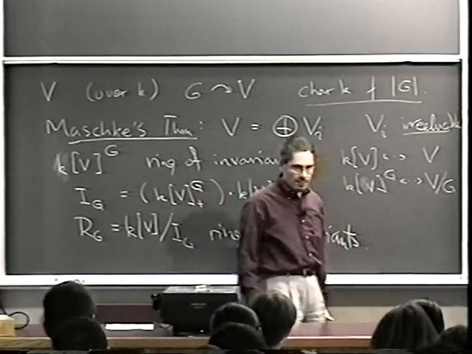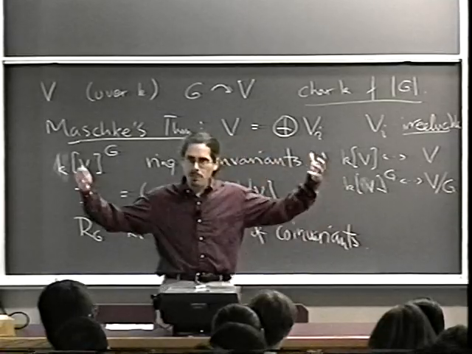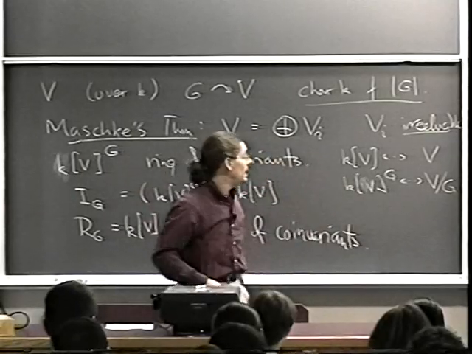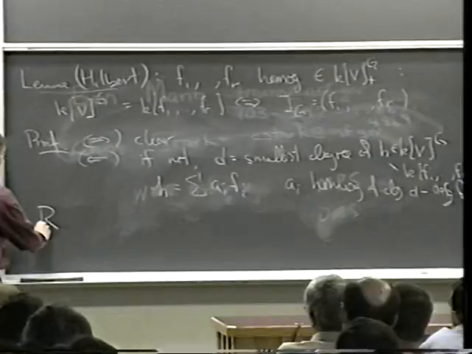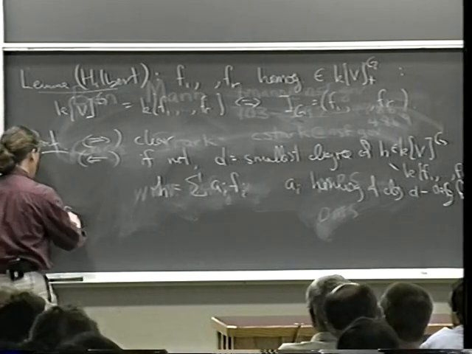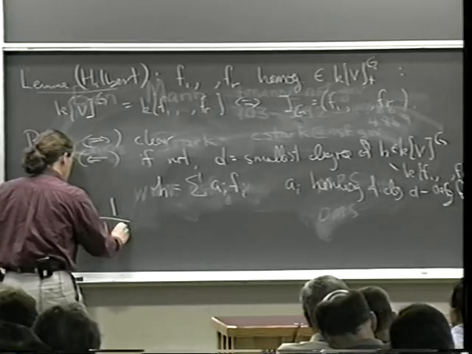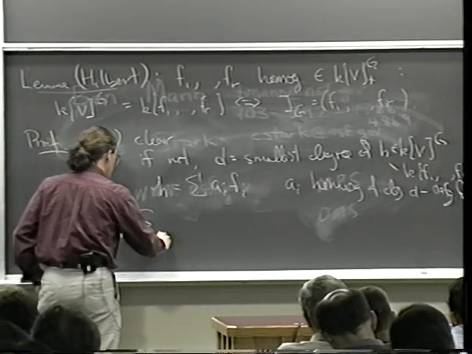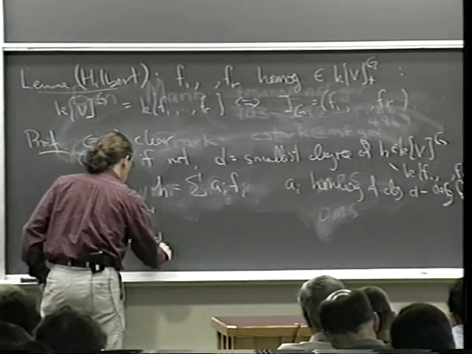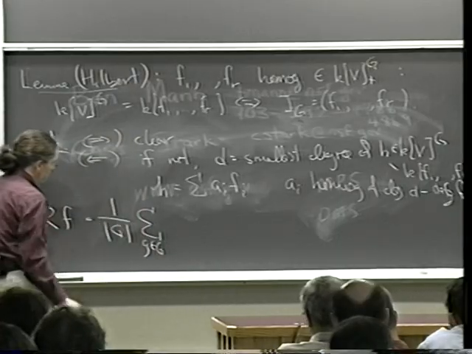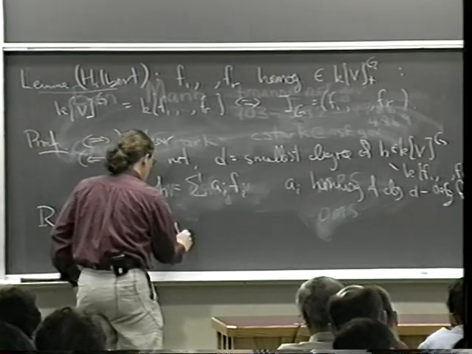But not only is it a direct summand, you can write down very explicitly what the projection is on that summand, and it's called the Reynolds operator, R. So I'm going to define R of f to be the following thing. You just average over the group. So you take all elements of the group, divide by the order of the group, g of f.